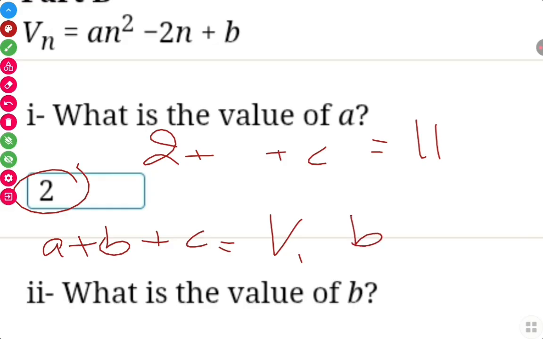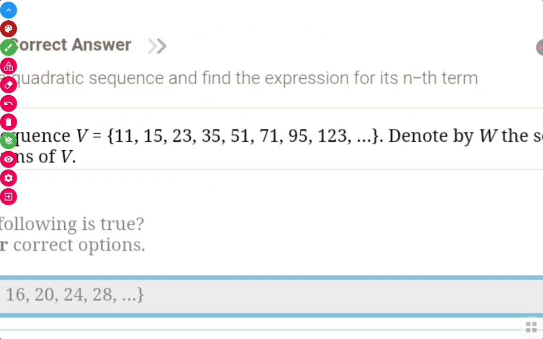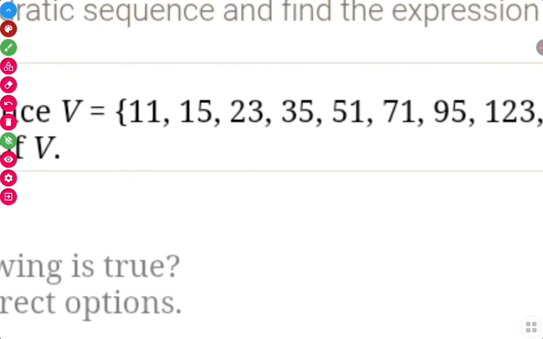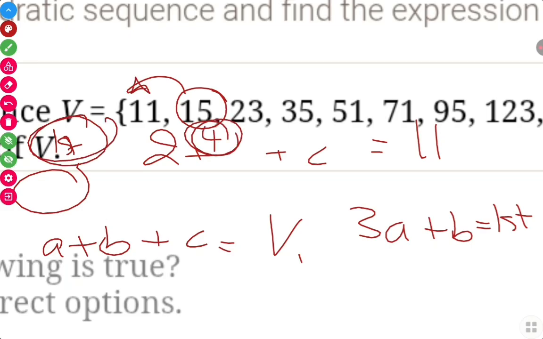Now to find b, we do 3a plus b equals the first difference. The first difference is the first number we get in the first set of differences. So if we go back to this one, the first set of differences is 15 minus 11, 4.